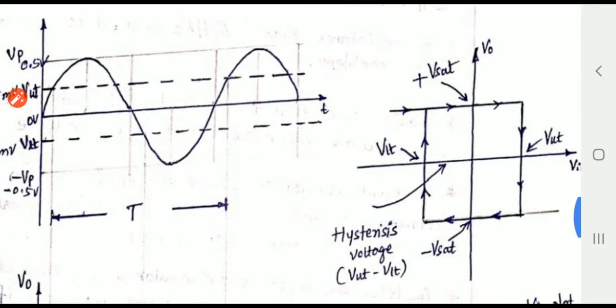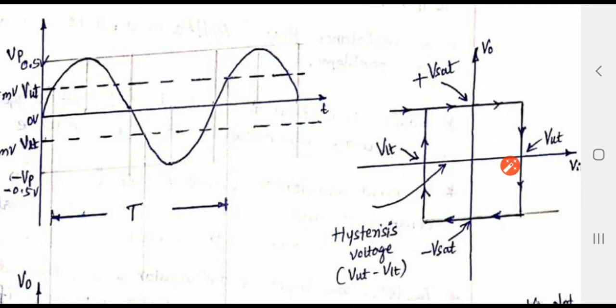This is VUT. At this point V in is 0, it is less than VUT, so V naught is plus V saturation. That's why when V in is 0, it moves to plus V saturation, and it will remain there until V in reaches VUT.